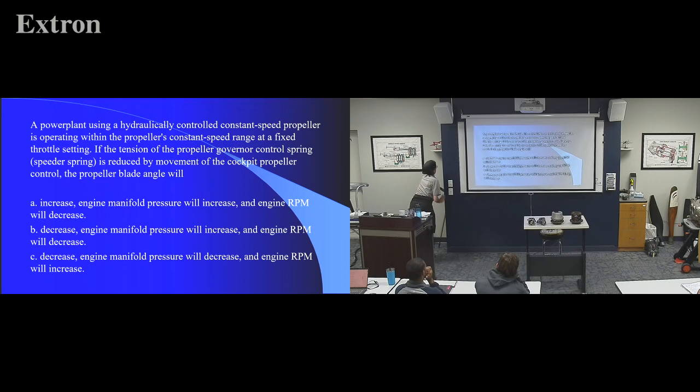Will blade angle increase, engine manifold pressure increase, RPM decrease, or blade angle decrease, manifold pressure increase, RPM decrease, or blade angle decrease, engine manifold pressure decrease, RPM increase.